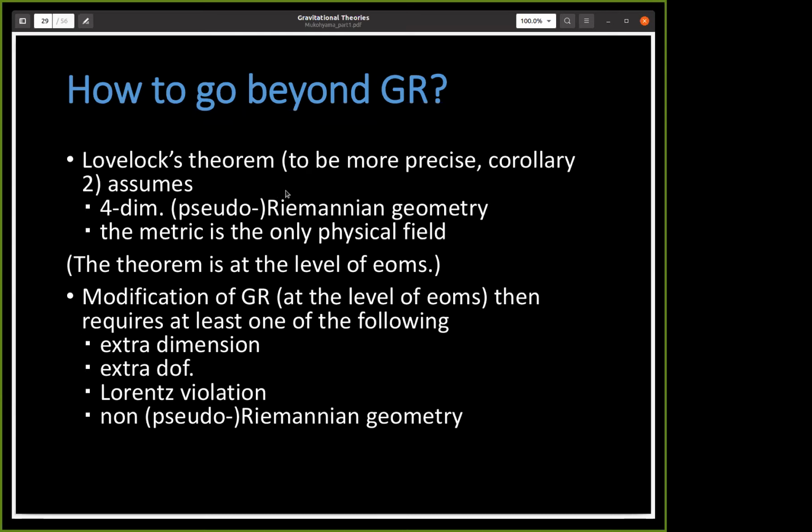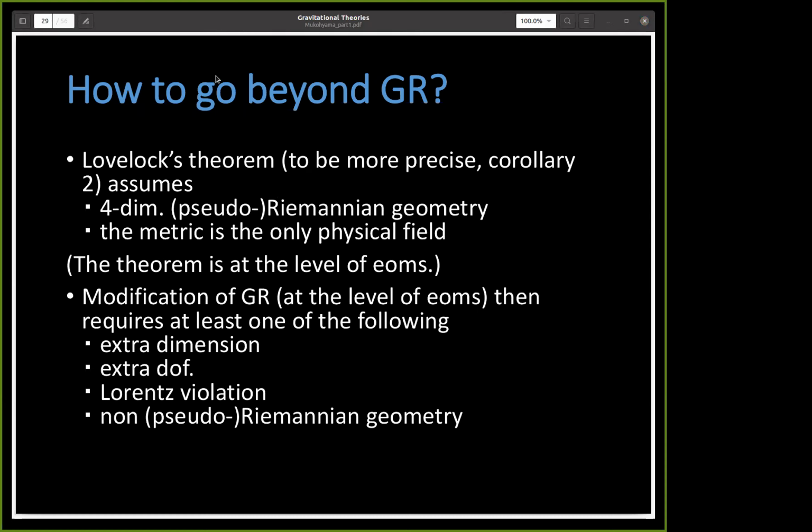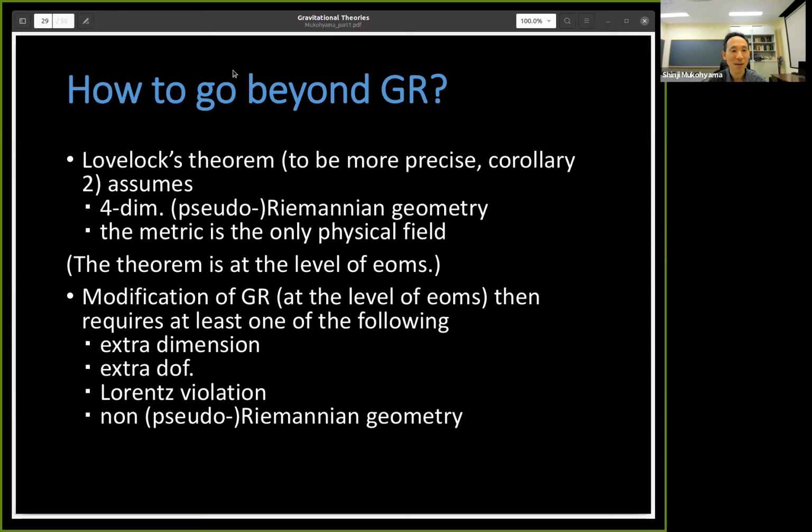I think there are questions in the chat. Why does the phase space reduction by second-class constraints not generate a symmetry?